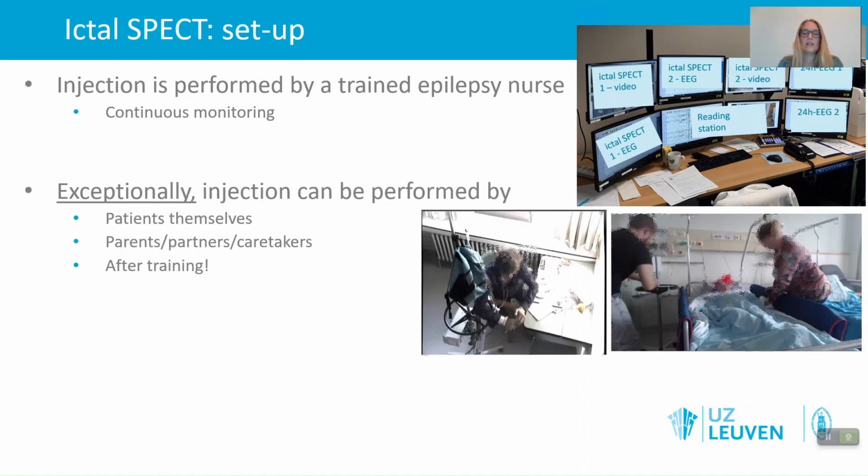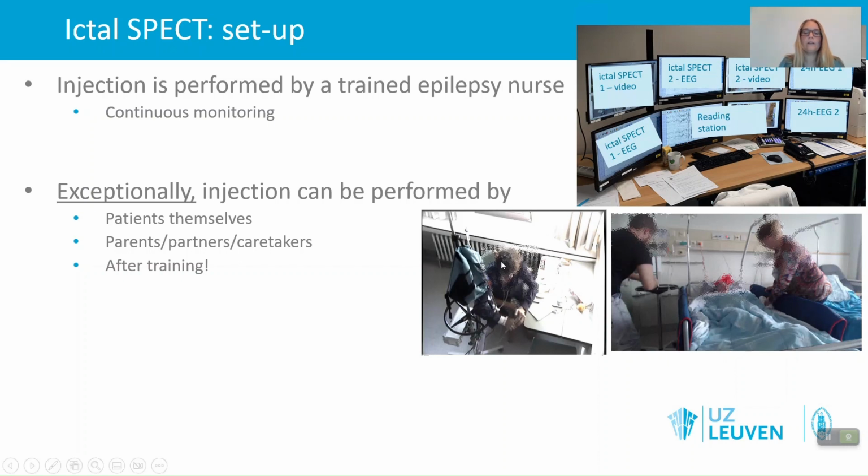Exceptionally, injection can also be performed by the patient himself. So here is an example of a patient who had the typical textbook insular seizures. So he would notice the sensation in his throat and he would inject himself. In this case, the patient was an 11-year-old boy whose seizure started with pain. So he would shout because he would be in pain, the father would inject the tracer and the mom would press the alarm button to notify the nurses, who are at the same time also monitoring.